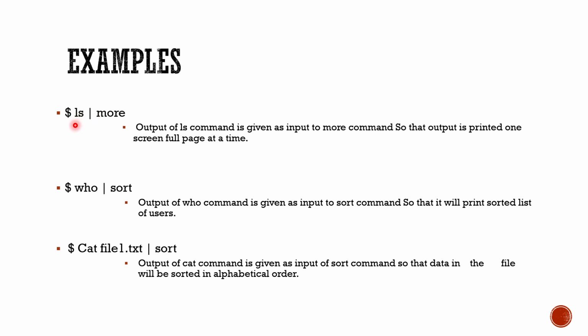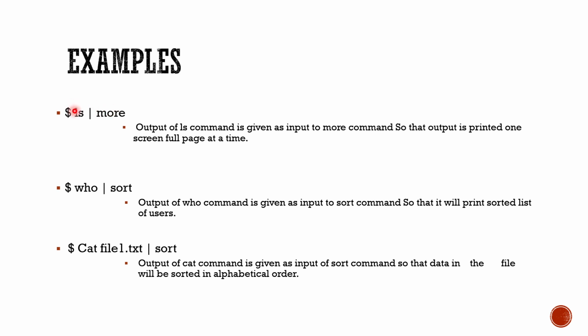The first example is the ls command and the more command, connected by using the pipe character. The ls command will list out the file details, and the ls command output will be given to the more command as its input, and the more command will list out the details of the files one screen at a time.